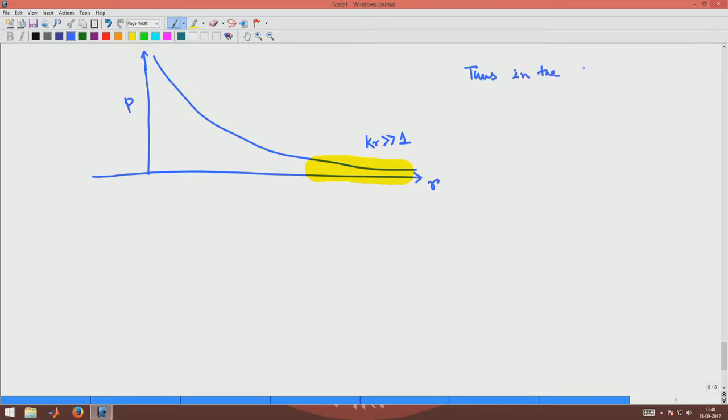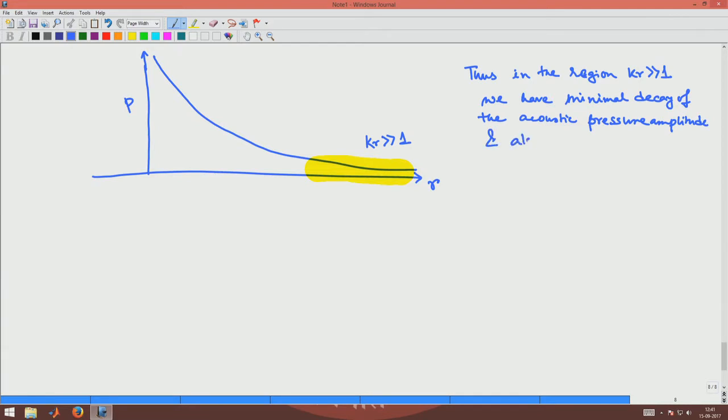in the region K r much greater than 1, we have minimal decay of the acoustic pressure amplitude, and also we have the impedance approaching rho naught c, which is the impedance of plane wave.